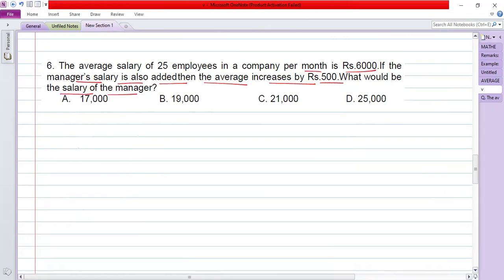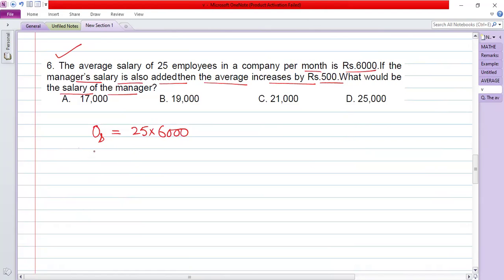So this question can be solved by the basic method. For the basic method, the average salary of 25 is 6,000. So the original sum, OS, will be 25 into 6,000.